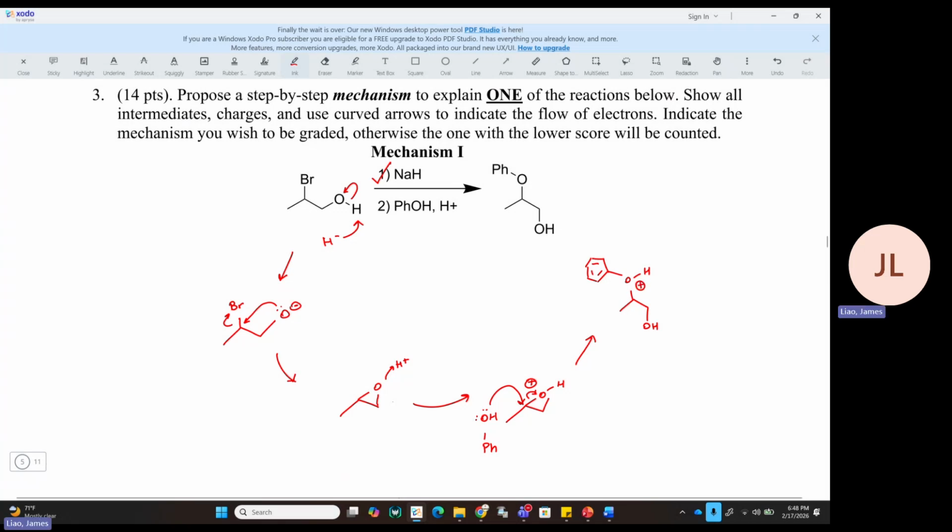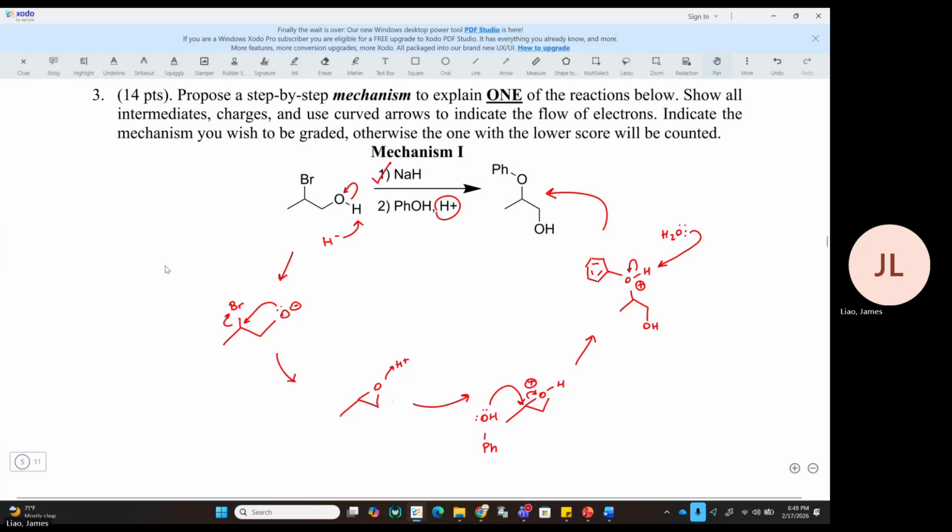We need to grab the hydrogen proton. So I'm going to use water, because it's just acid catalyzed, so it could be H3O plus. I'm just using it as a byproduct of it. Push that to get the hydrogen proton, and then push it back as a lone pair for the oxygen. Then this would form the final product.